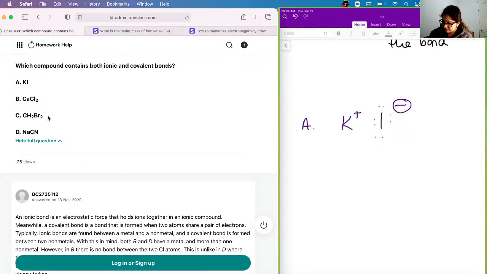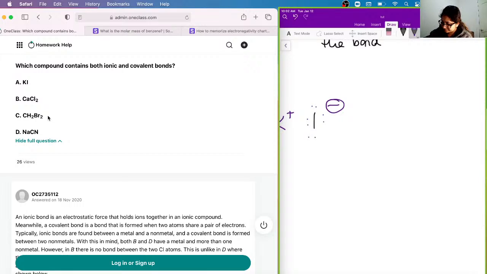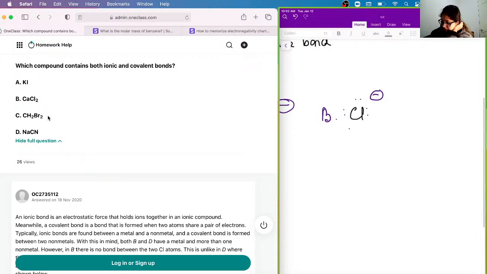For B, you have your chlorine, which is negative. Then you have your calcium, charge of +2, and your other chlorine atom, which is negative.